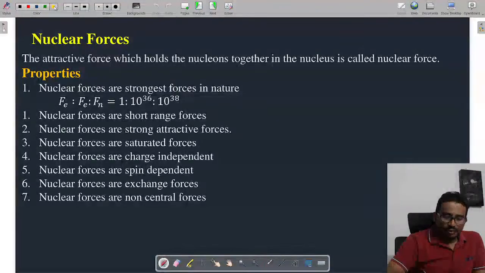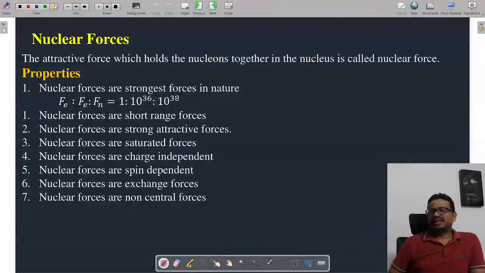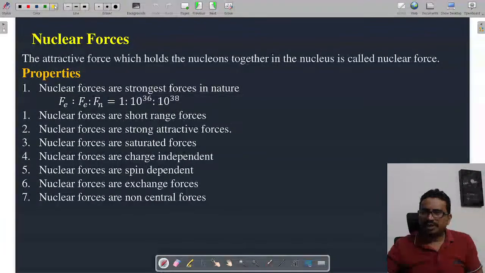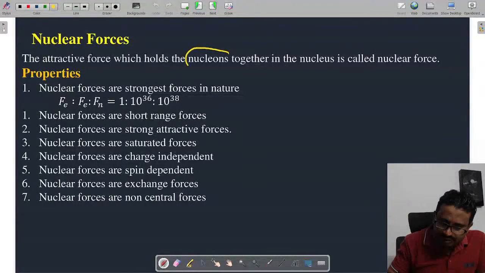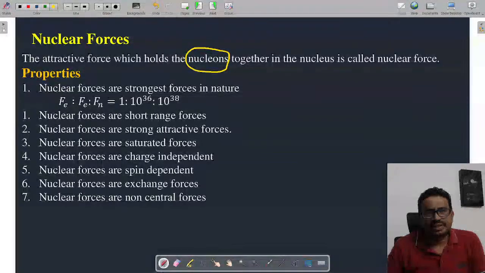Next one. Nuclear forces. Nuclear force means the attractive force between the nucleons. Nucleons means what? The neutrons and the protons.